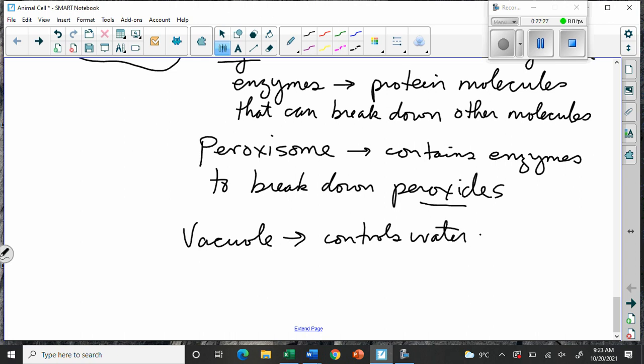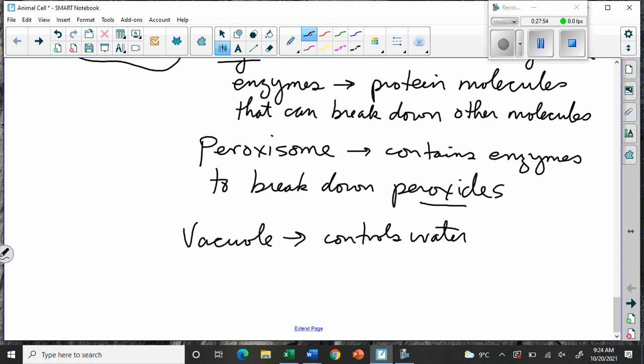So it basically helps the cell stay with the appropriate amount of water. If it can store water, right? And so if the cell is getting too dry, the vacuole can just release some of its water back into the cell to rehydrate it. Or if the cell is too wet, it can expand and hold more of the water.